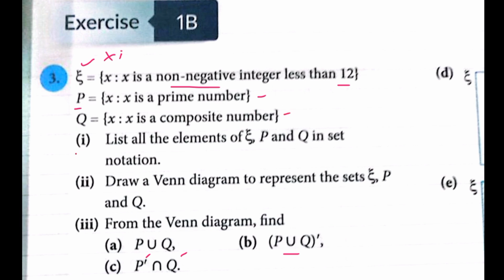The first part is to list all the elements of xi, P and Q in set notation. In the second part, we have to make a Venn diagram that represents the sets xi, P and Q. And from the Venn diagram, we need to find P union Q, complement of P union Q, and P complement intersection Q. So first of all, we write all of these three sets in set notation.